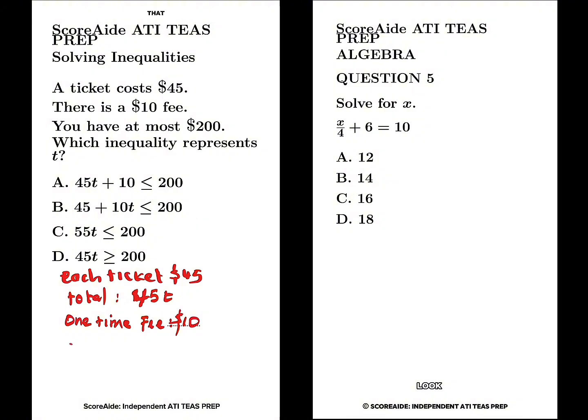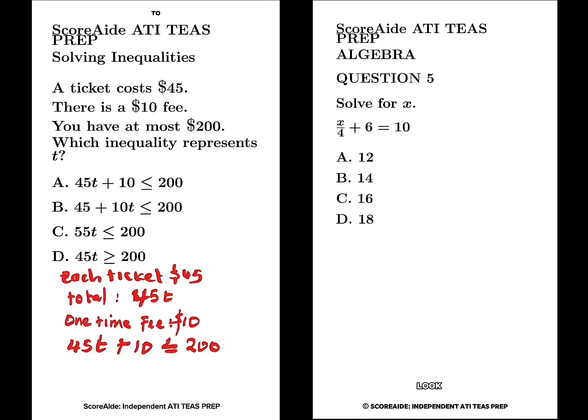This means that 45T, which is the total cost of the tickets you can buy, plus the one-time fee that you pay, must always be less than or equal to $200. Because remember, you have a budget of $200 and you need to pay a fee of $10 and then purchase T tickets, right? T tickets that we don't know.